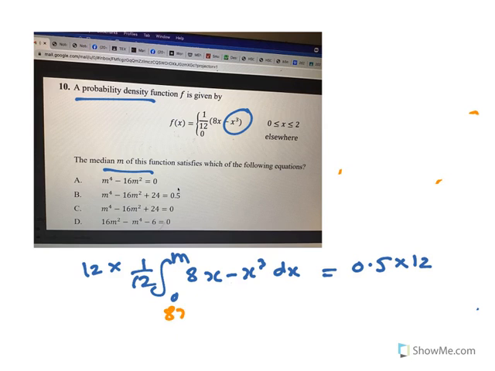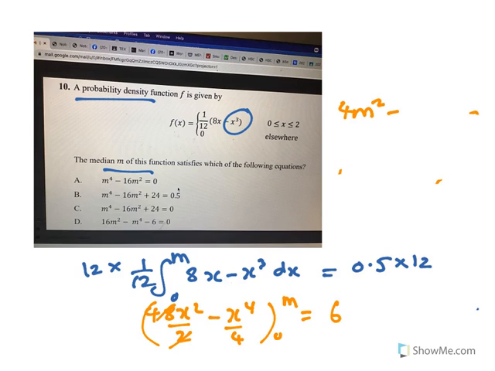So this will be 8x squared on 2 minus x to the 4 on 4, from 0 to m, equals 6. So it's 4m squared minus m to the 4 on 4 minus 0 equals 6.